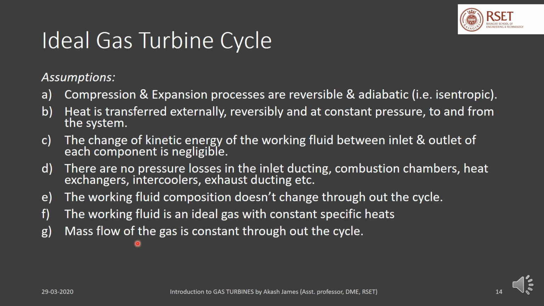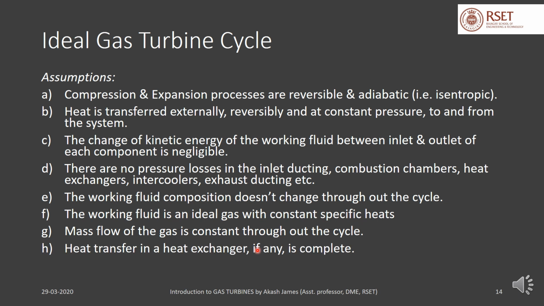Also, we assume that the mass flow throughout the cycle is constant. This is not the case for an open cycle where we add fuel in the combustion chamber and the mass is increased, but in an ideal cycle we assume that the heat is transferred externally, there is no internal combustion, so the mass flow of the gas is constant throughout the cycle.